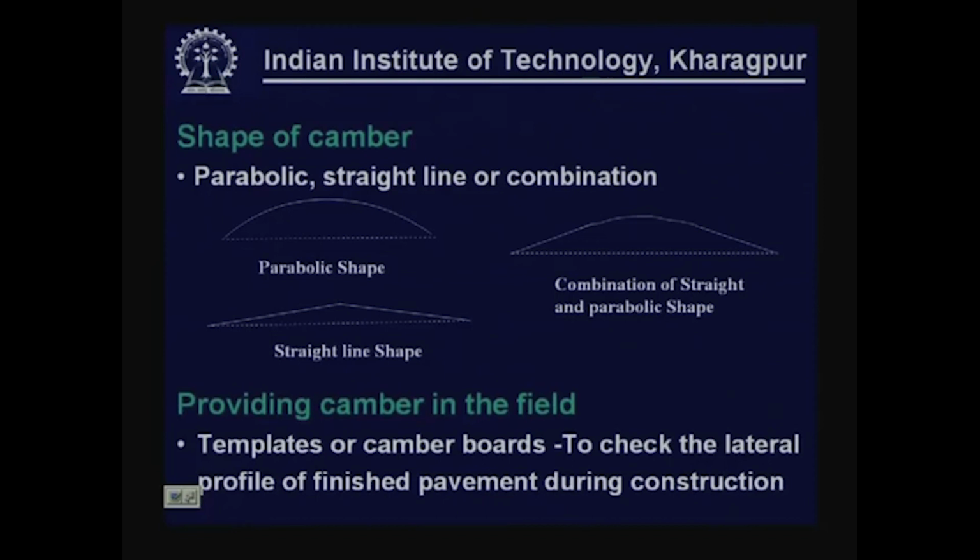because if we use straight line camber, then it is not convenient for vehicles, particularly faster moving vehicles on two-lane roads, to complete the overtaking maneuver. Because for overtaking on two-lane road, a faster vehicle has to occupy the lane which is supposed to be used for opposing traffic, and then it completes the overtaking operation and comes back to its original lane.